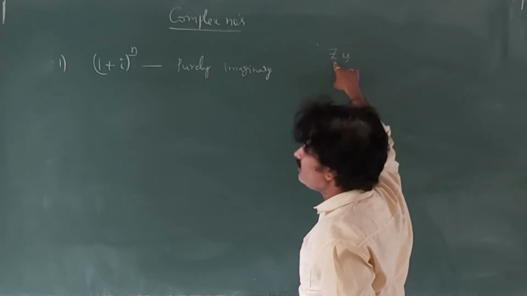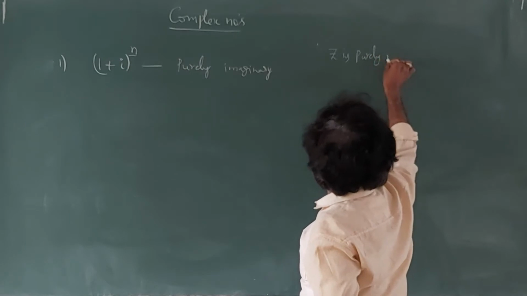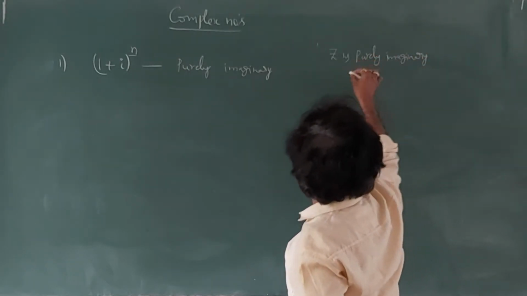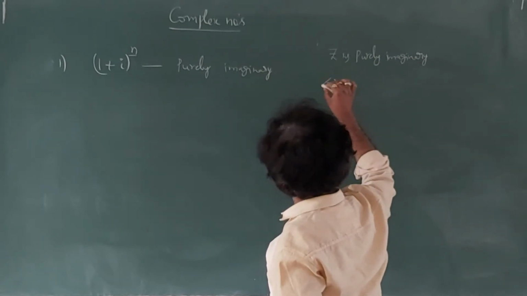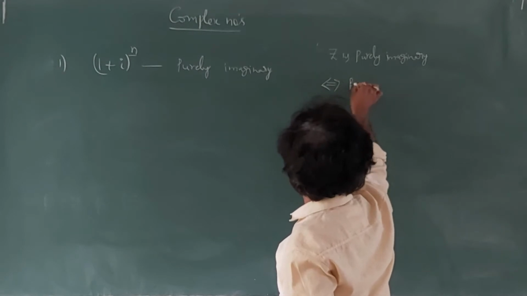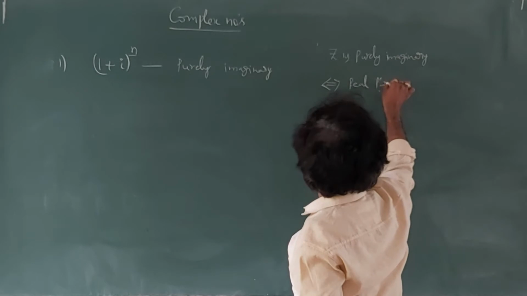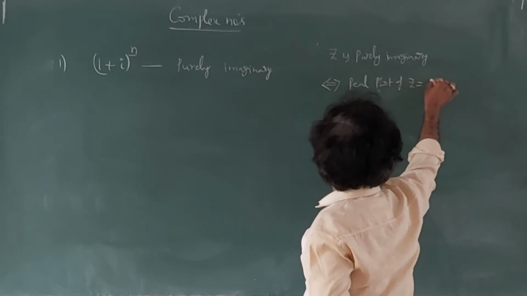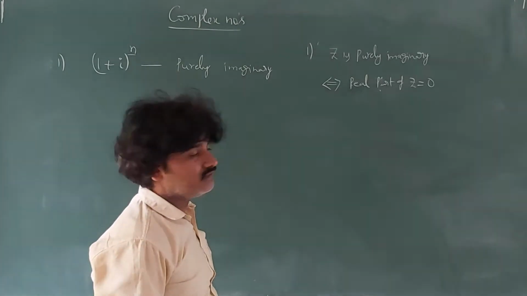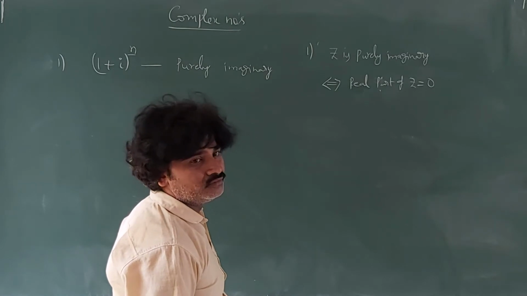If z is purely imaginary, then the real part of z equals 0.